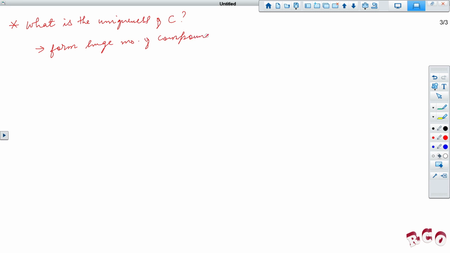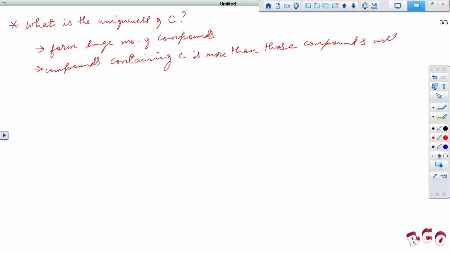Many types of compounds are formed with carbon. The compounds containing carbon are more than those compounds without carbon.